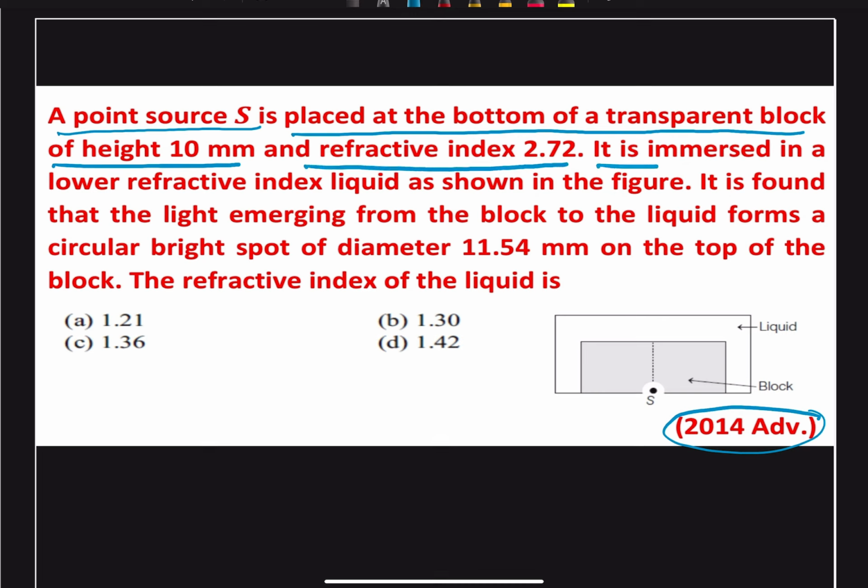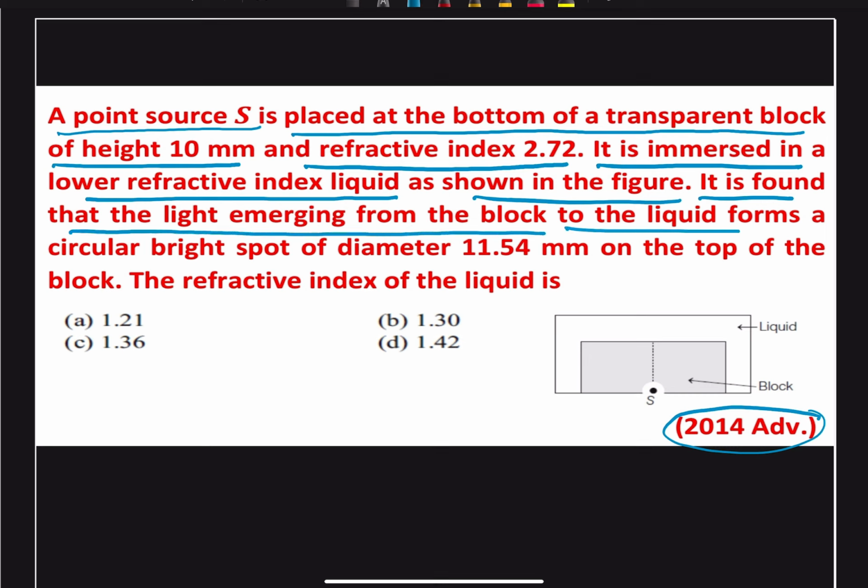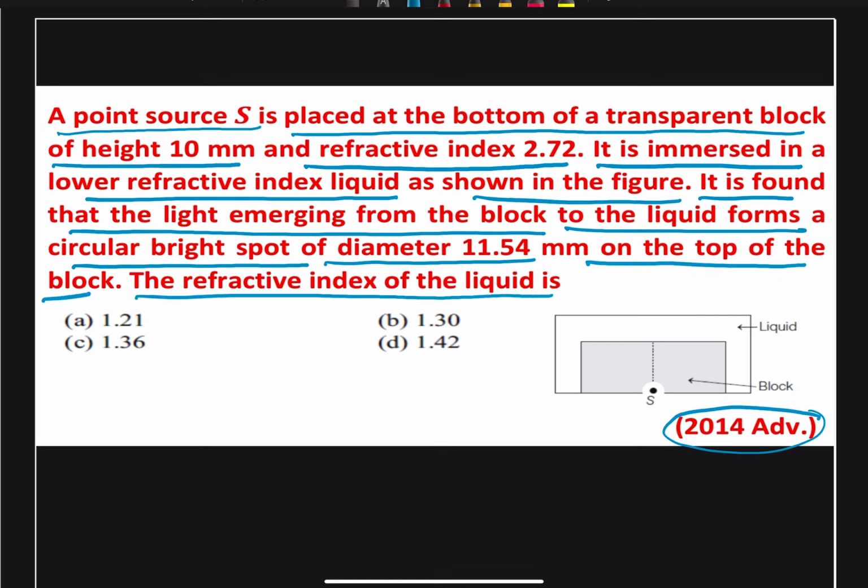It is immersed in the lower refractive index liquid as shown in the figure. It is found that the light emerging from the block to the liquid forms a circular bright spot of diameter 11.54 mm on the top of the block. The refractive index of the liquid is.